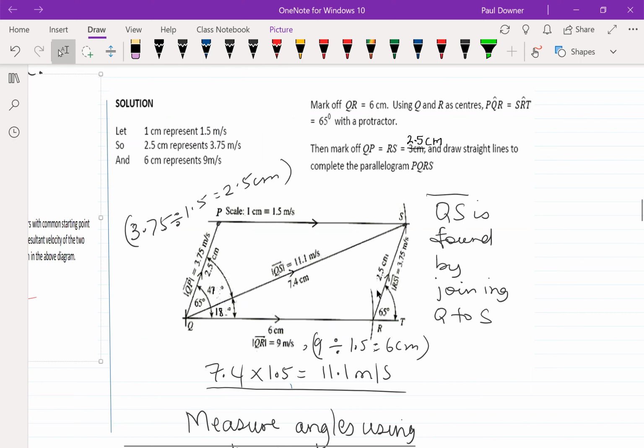So what I did was to show you that, all right, if the scale is 1 centimeter representing 1.5 meters per second, right? And we wanted to draw out QR, because remember, we have to do a scale drawing to be able to get our answers.